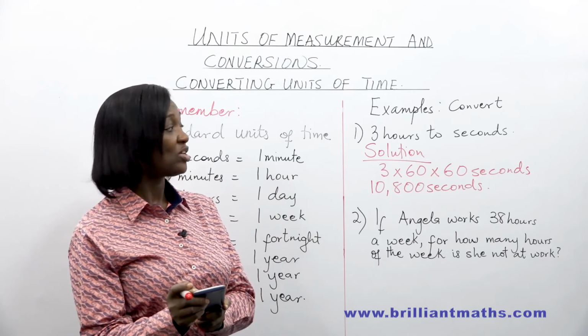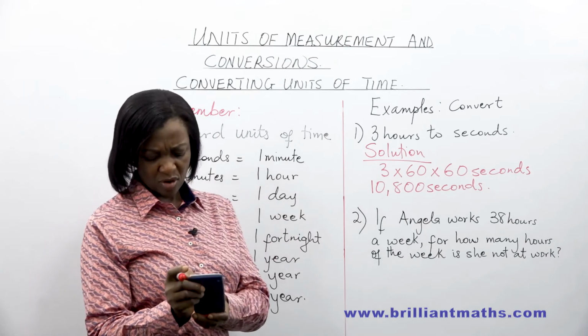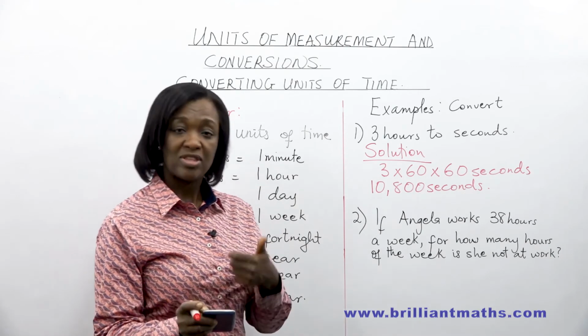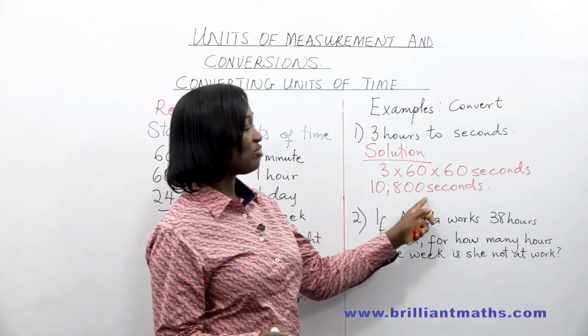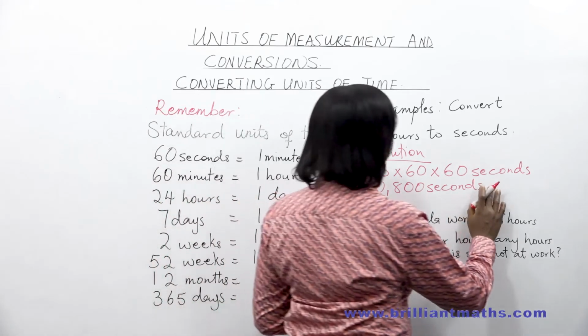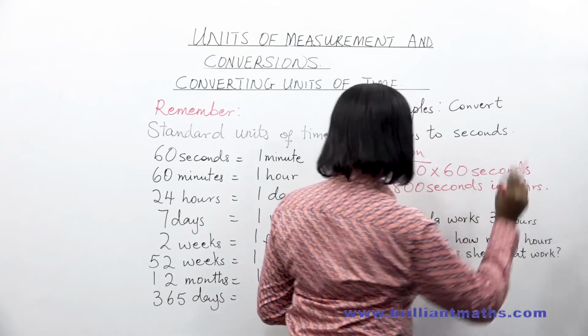So there are 3,600 seconds in 1 hour. Then when you multiply that by 3, it gives you 10,800. So you have 10,800 seconds in 3 hours. Good.